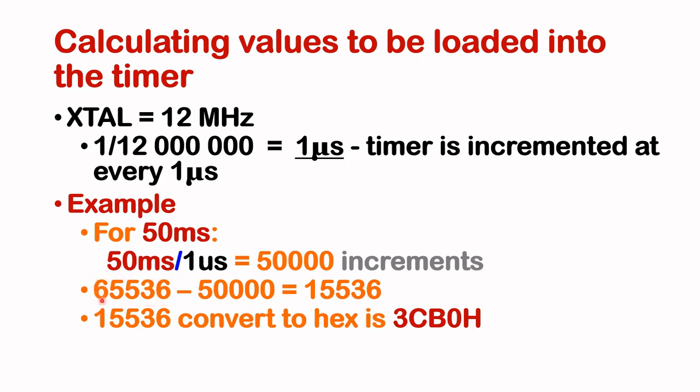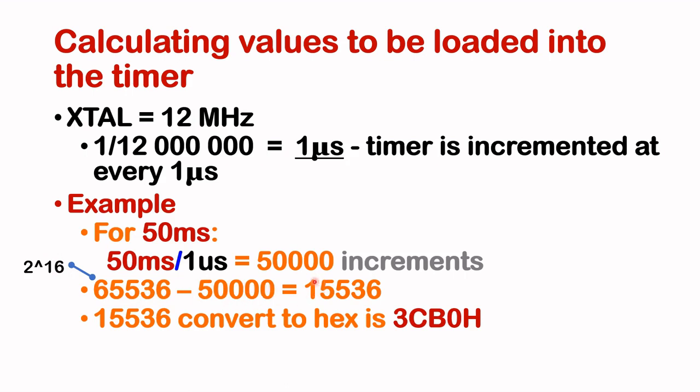But where did I get this 65536? Remember, the timer is a 16-bit wide register, so it's 2 to the power of 16. That gives me 65536, and this is the maximum increment I can have with a 16-bit timer. So it's 65536 minus 50000.